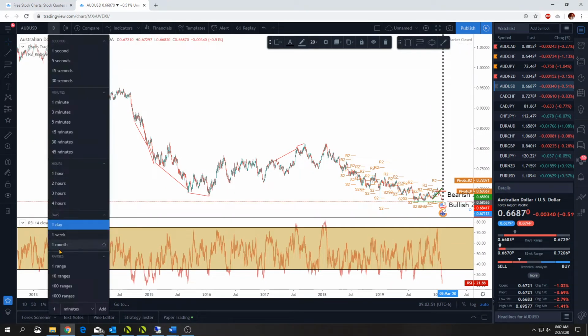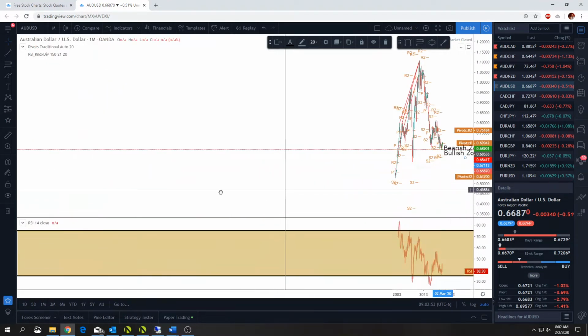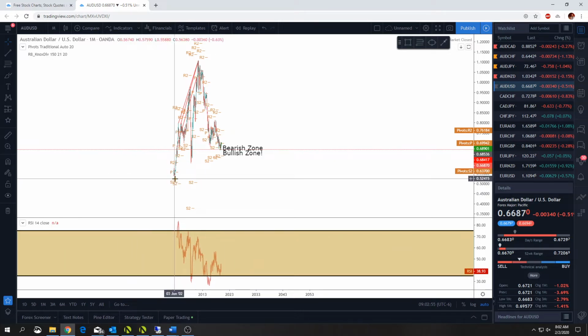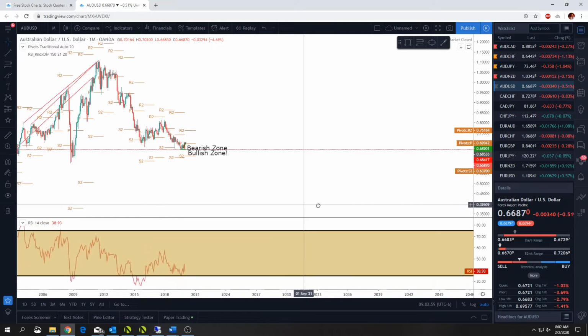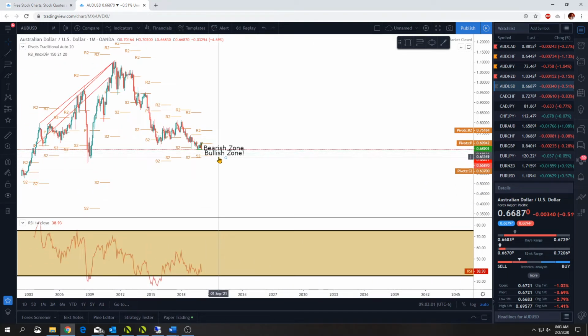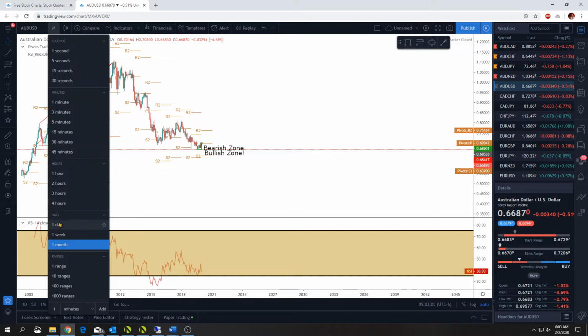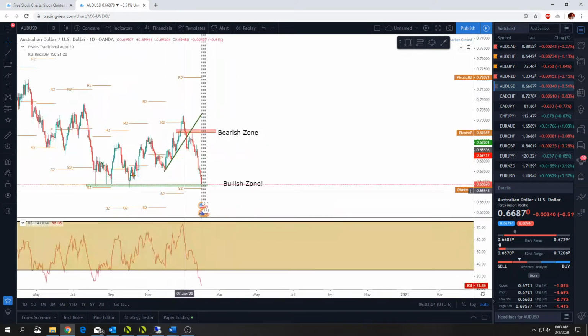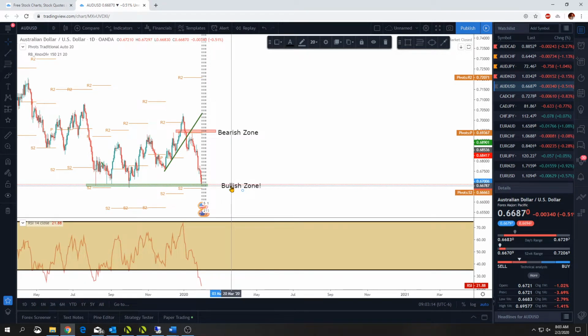If we jump back up to the monthly, no, we started out in 2003 a lot lower, so could have some room. I mean, right here is a big turnaround point, but that was so long ago. So we're in a good spot for a good turnaround, but again, very dangerous.